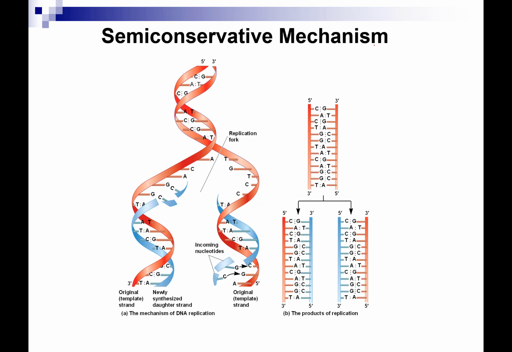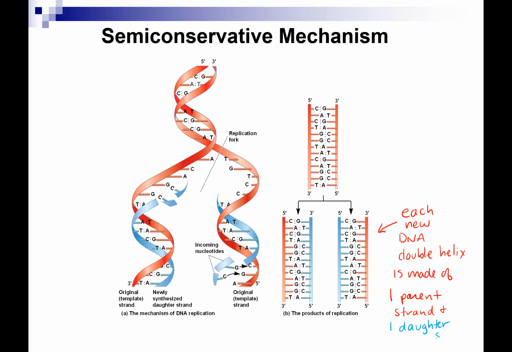And semi-conservative means that each new DNA double helix is made of one parent strand, shown in red, and, let's see if I can switch colors, one daughter strand, shown in blue.